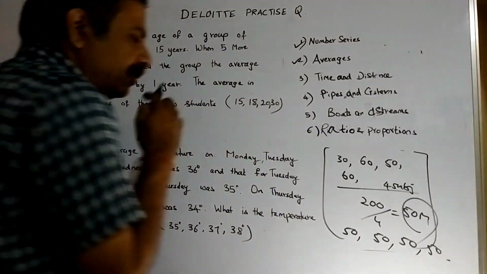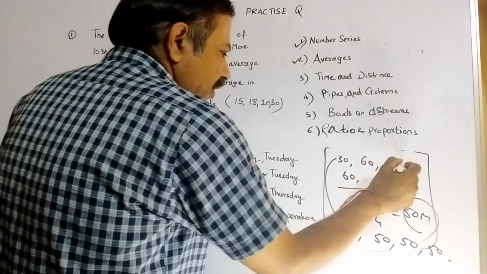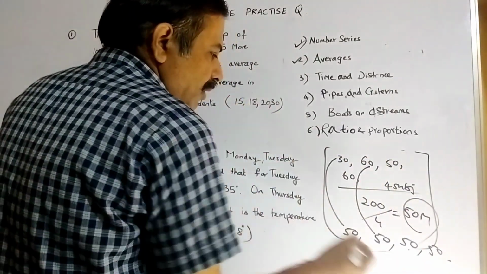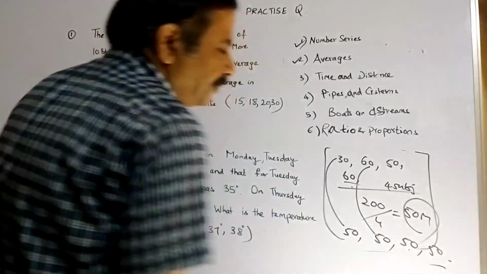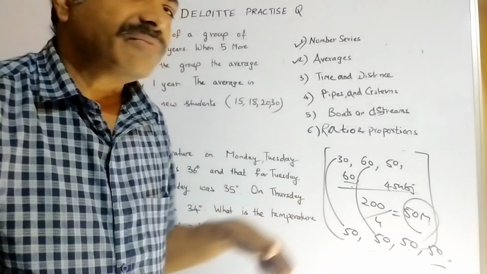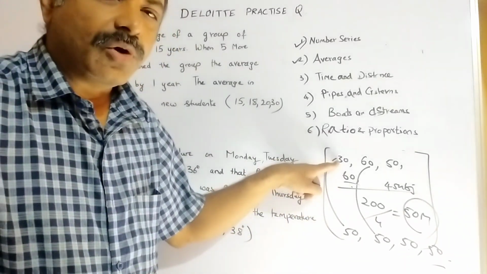So here, if we got 30, we are adding 20. If we got 50, it stays 50. If we got 60, we are removing 10. So where marks are less we add, and where marks are more we decrease.